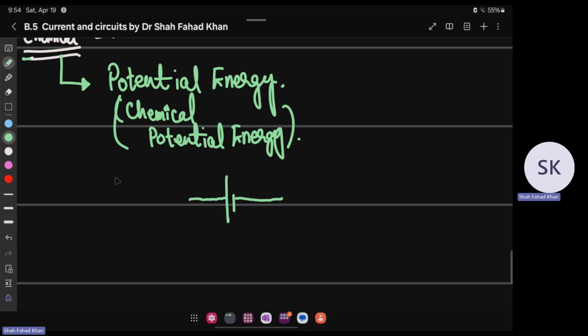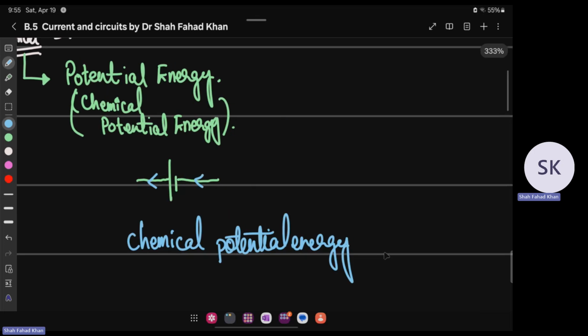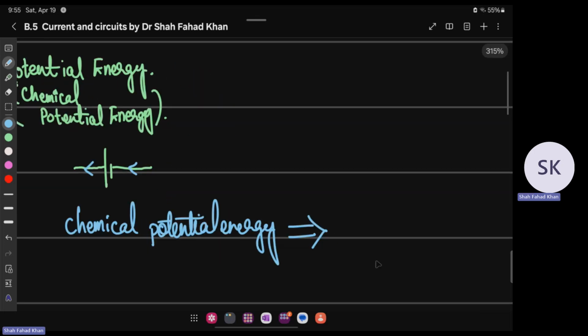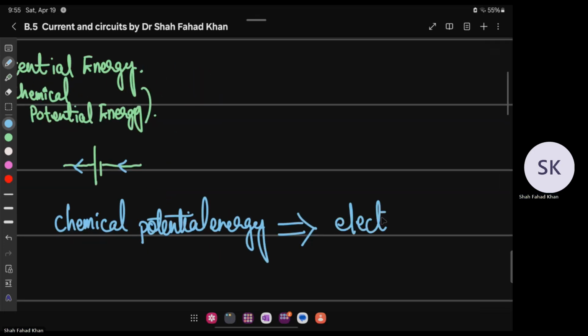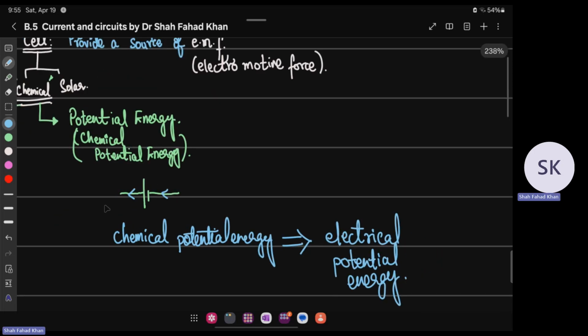So when current flows through the cell, or a charge flows through the cell, energy conversions take place. The chemical potential energy stored inside the cell converts into electrical potential energy for every charge that passes through the battery.